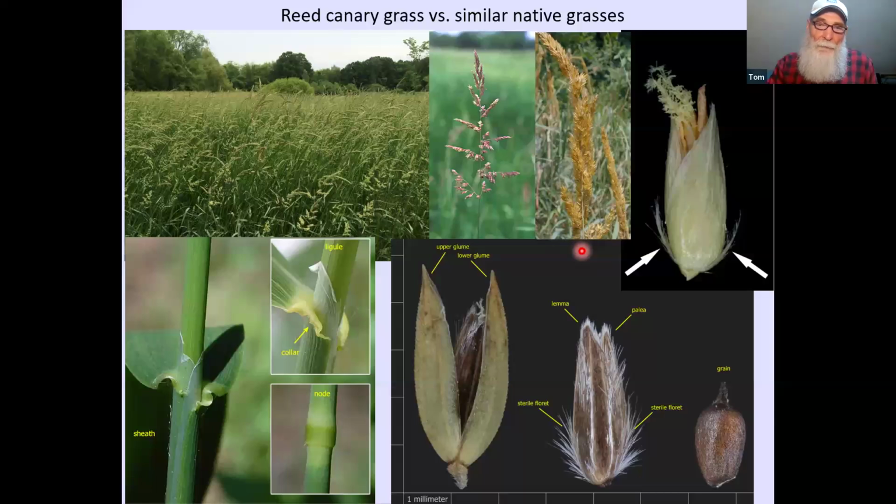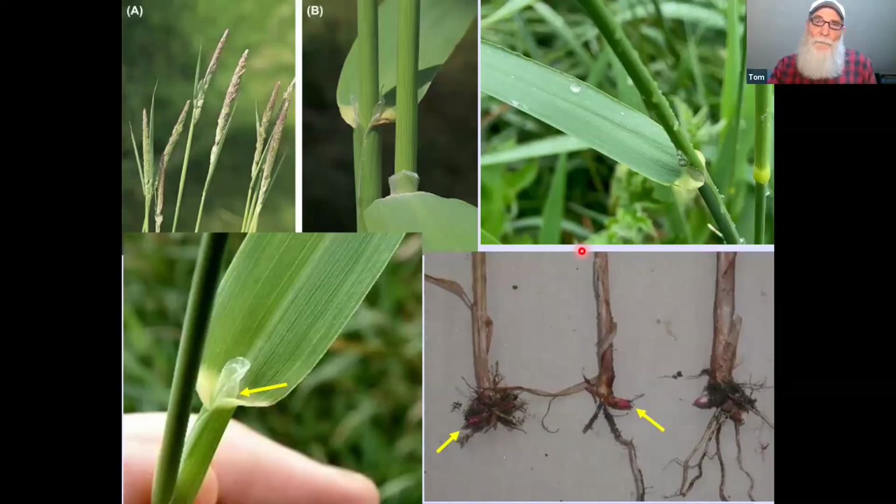So there are some other things to look for here. As I said, very broad leaves, very robust plants, a very distinctive collar, very tall ligule. Now, I do not find any reference to this in all of the sources that I looked for, but I have looked at hundreds and hundreds of reed canary grass plants that are emerging from seed in seed bank studies.